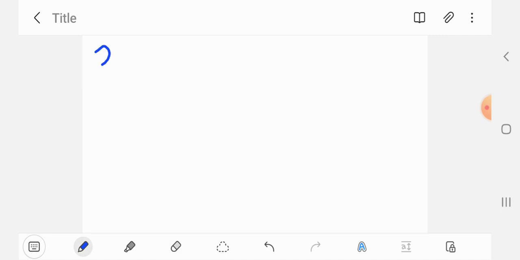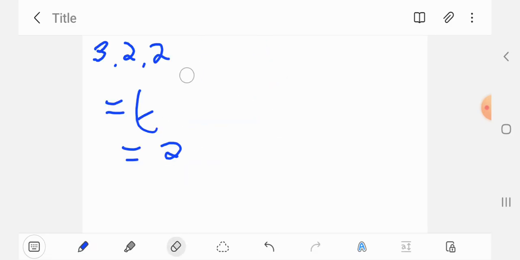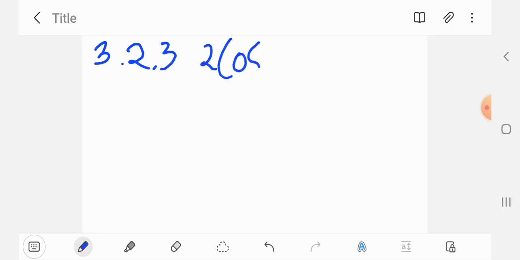We are supposed to have 3.2.3. So that is 2 cosec A plus sine 5B.